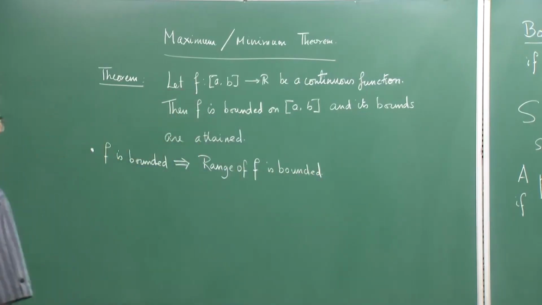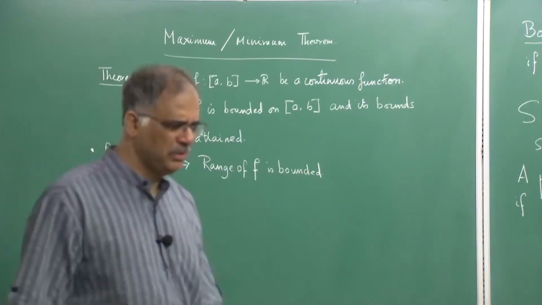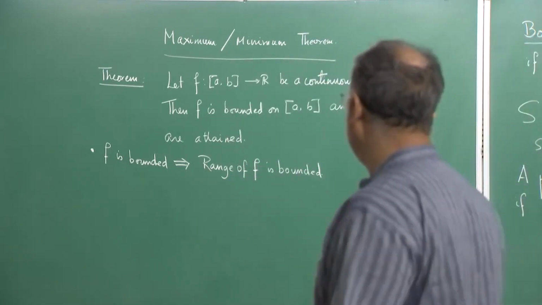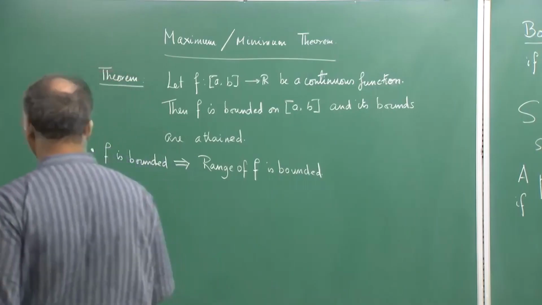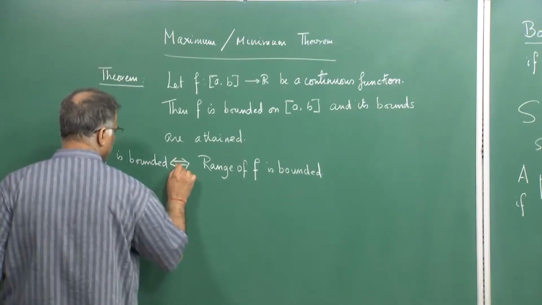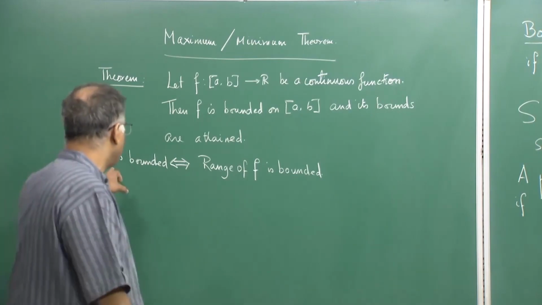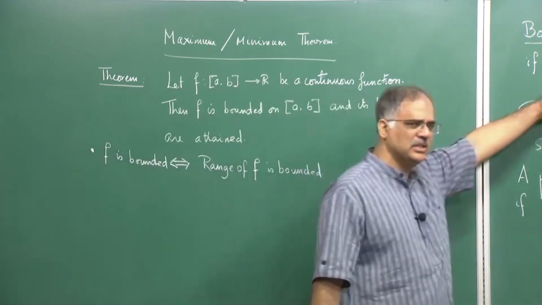Obviously, you know by now what is the meaning of range of f, so I am not going to write it down, but if the range of f is bounded, then we say f is bounded. So, this is the link. Boundedness of a function is linked to the boundedness of a set.